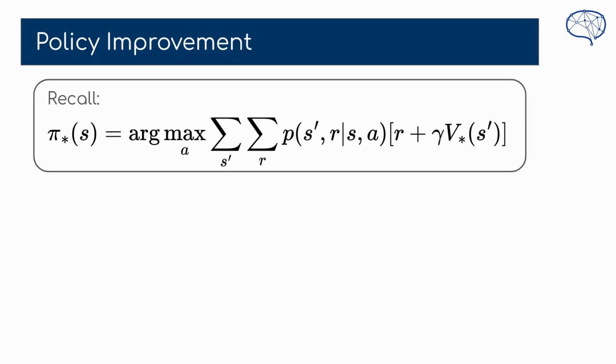If you remember from our optimal policy formula, we just take the action that gives you the best value. This assumes that you have the optimal state value function as well, but we can actually just apply this.